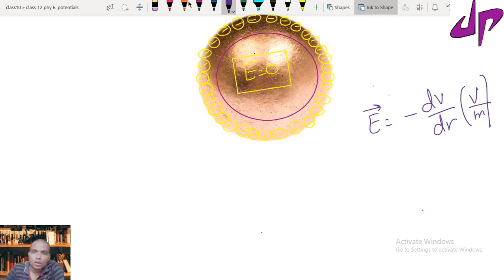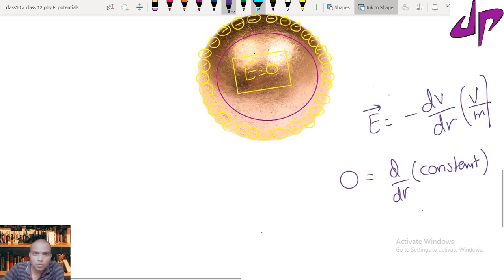Now here on the surface we are saying that the electric field equals 0. If the electric field equals 0, we know from differentiation that the derivative of a constant, d by dr of a constant, goes to 0. So which term is the constant here? The constant term is nothing but the potential.